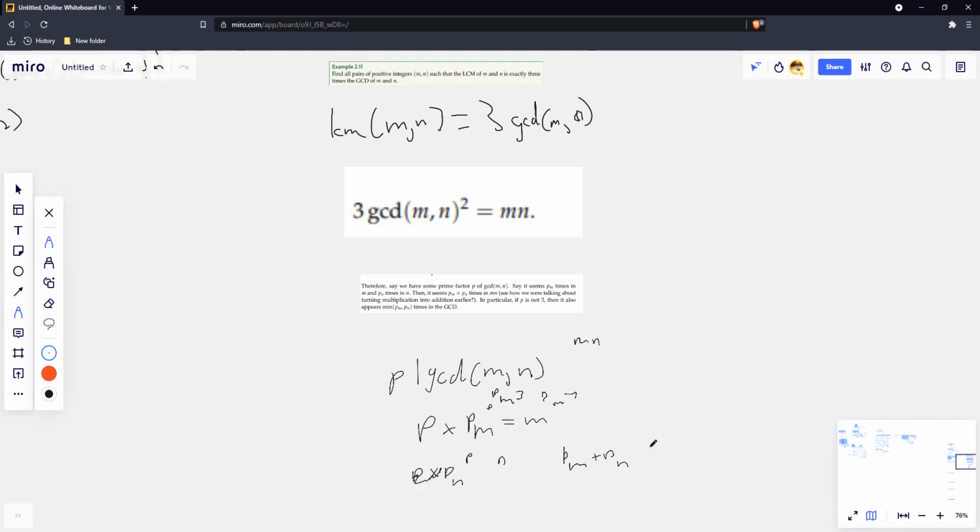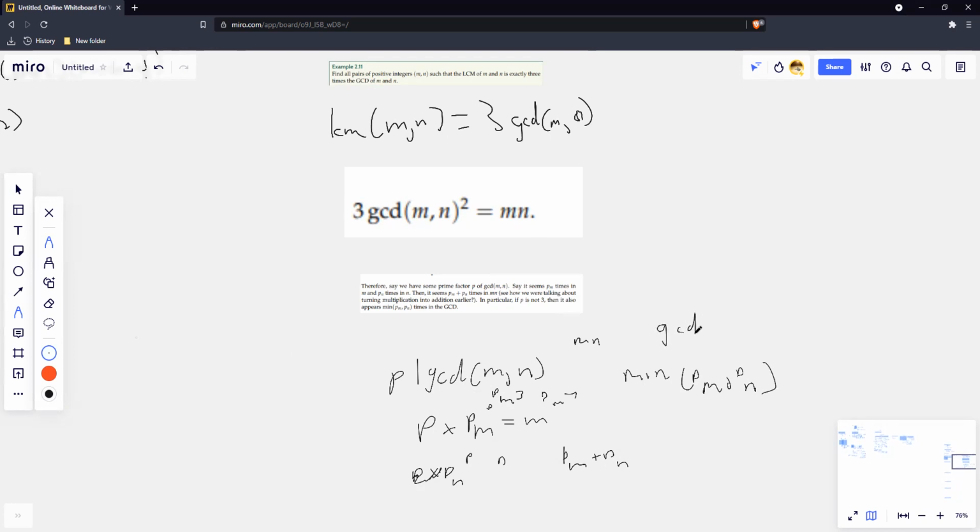So a plus b factors of p in mn. Okay, so that means for the GCD, we have the minimum of a and b times in the GCD.